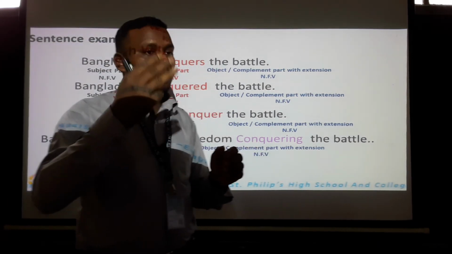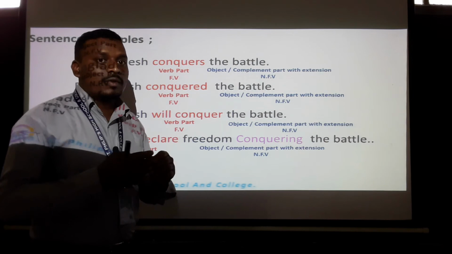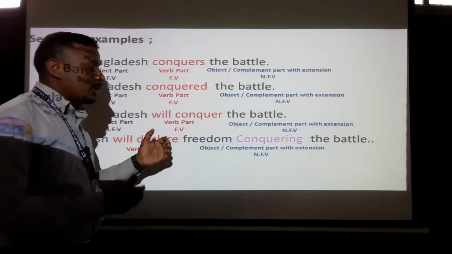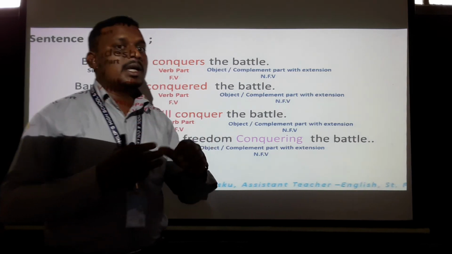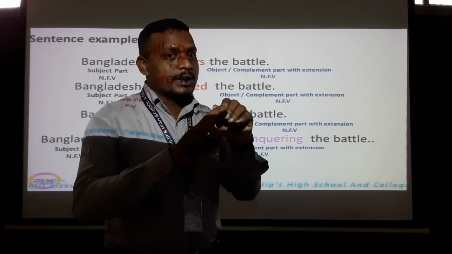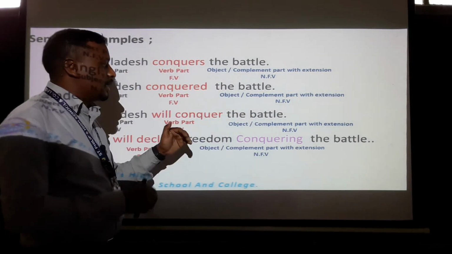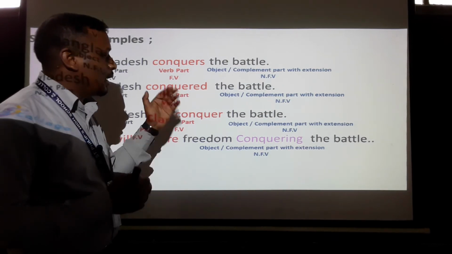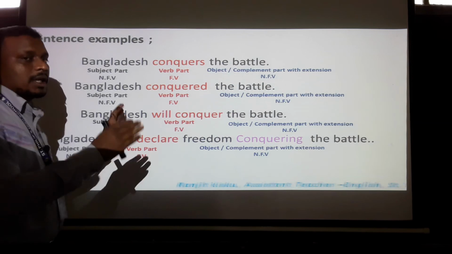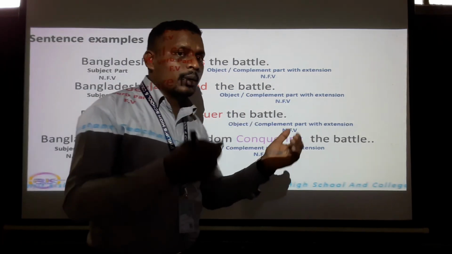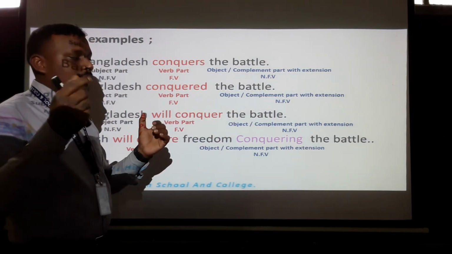According to tense, 12 types of changes. According to voice, 12. According to subject, 6. Got it? 6 means in the present time we got 4 changes of the finite verb, and in the past time we got 2 changes of the finite verb. So, all about verbs, and I hope you understood.